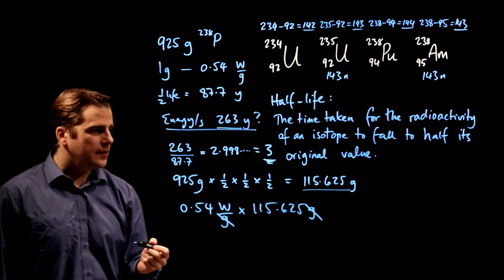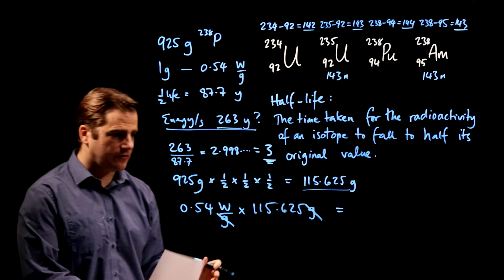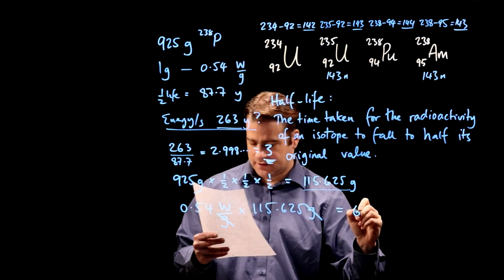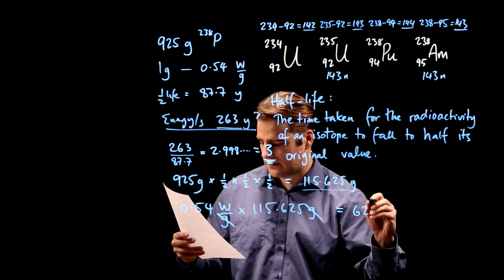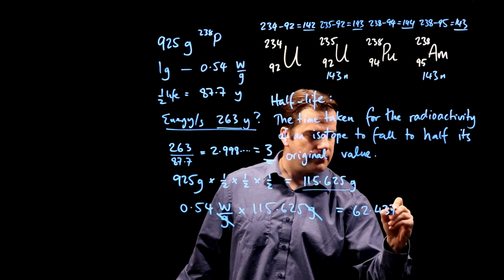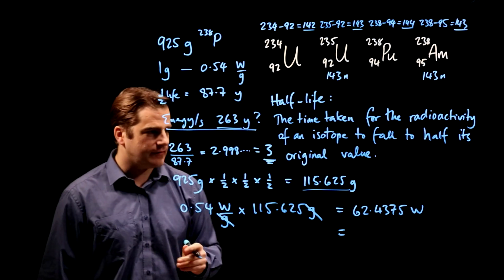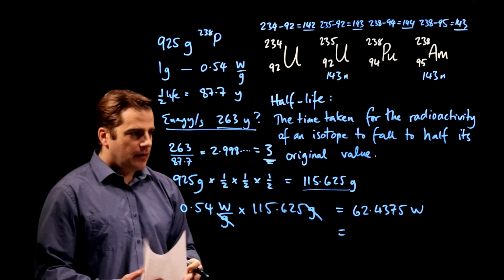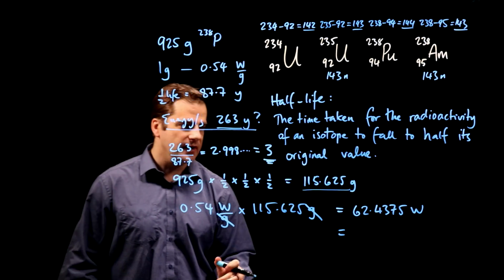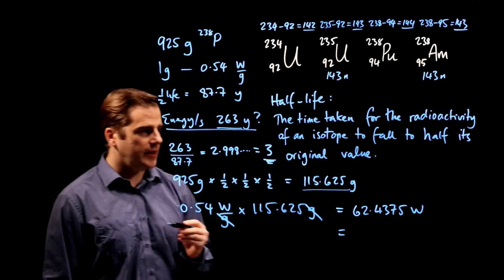Okay? So do that. 0.54 times 115.625, and you get 62.4375 watts. Now let's neaten that up. Didn't ask for any particular decimal places or significant figures, so let's be sensible. 1 decimal place seems sensible here.